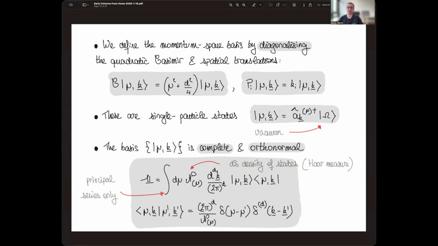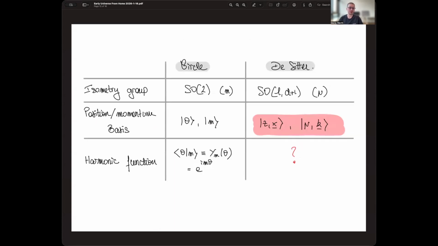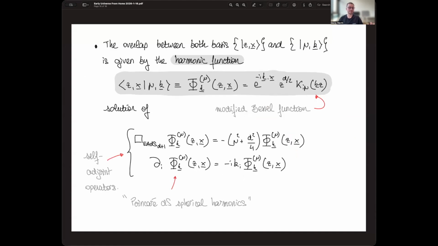That is, we can resolve the identity with an appropriate de Sitter density of states. So the analog of the θ and m bases on the circle are these position and momentum space basis elements for de Sitter. And their overlap defines the de Sitter harmonic functions. These are obtained by solving the eigenvalue differential equations for the quadratic Casimir and spatial translations.